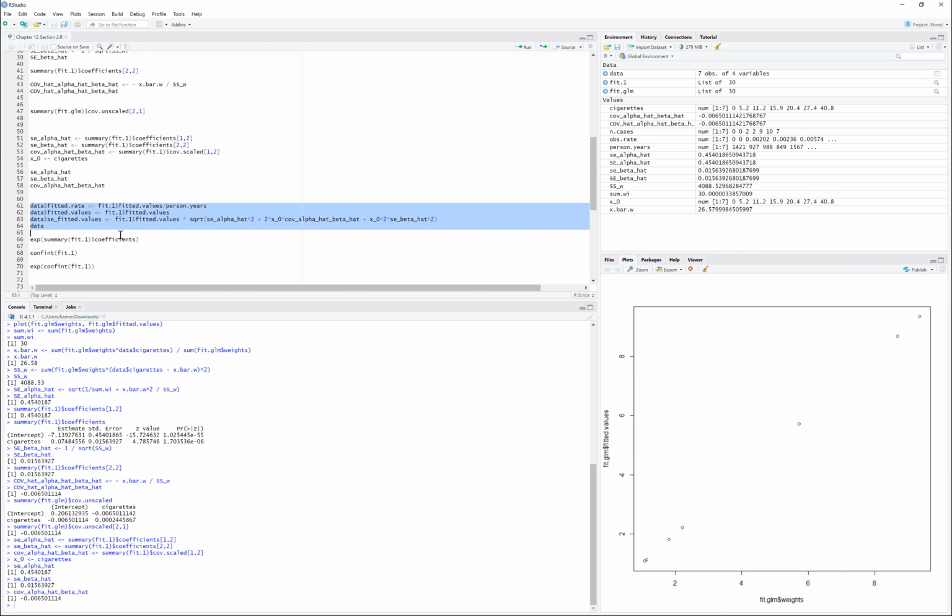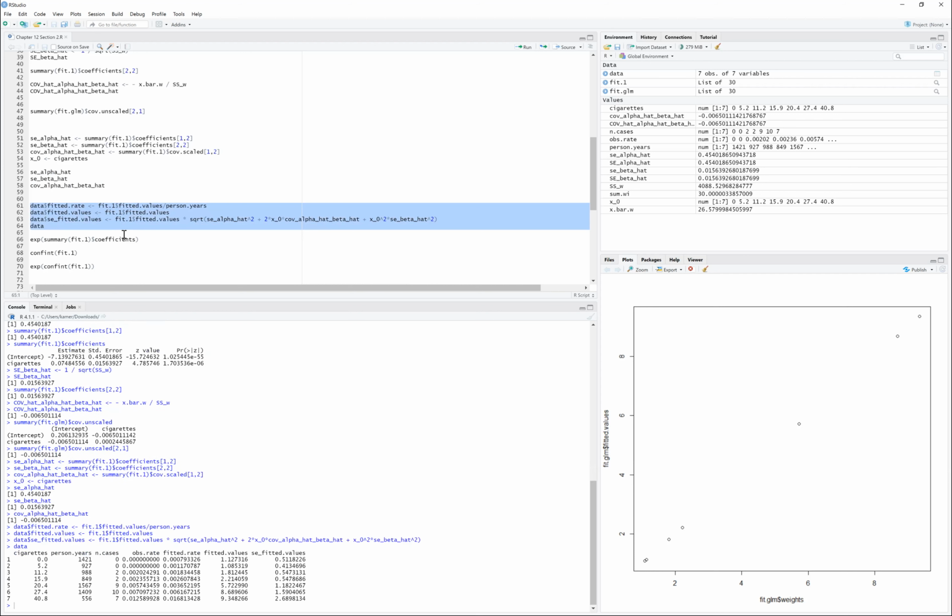So here we now have 12.1 plus a little more information. So we get the fitted rates that we saw in 12.1, right? We also have calculated the fitted values for each of those observed cigarettes values.